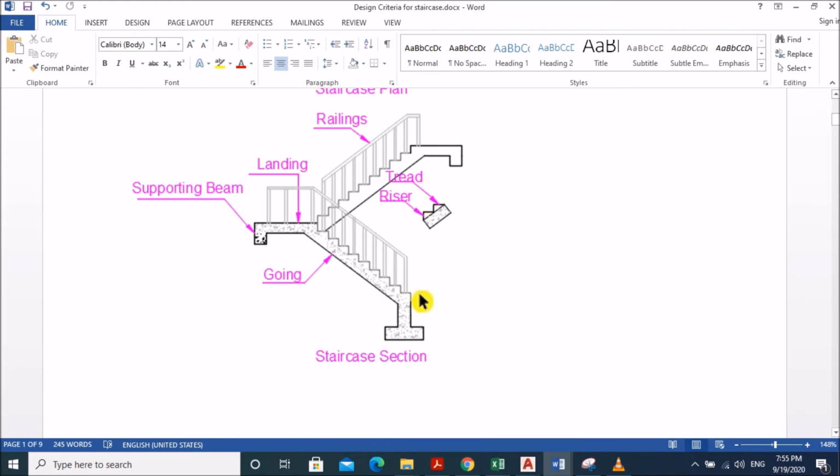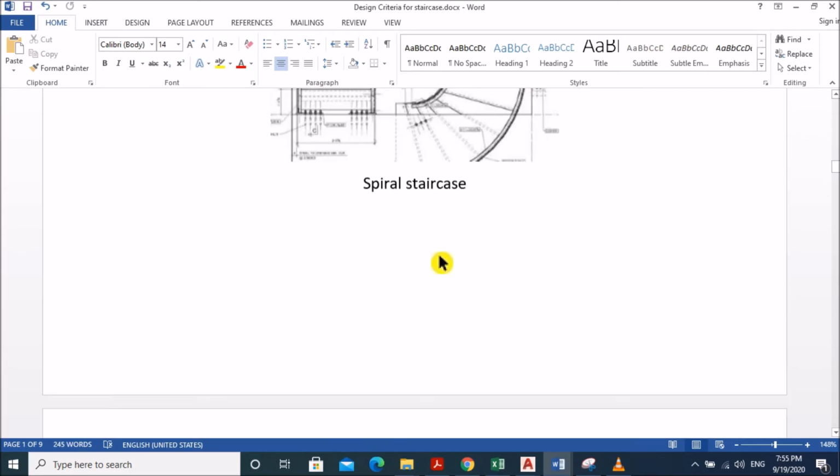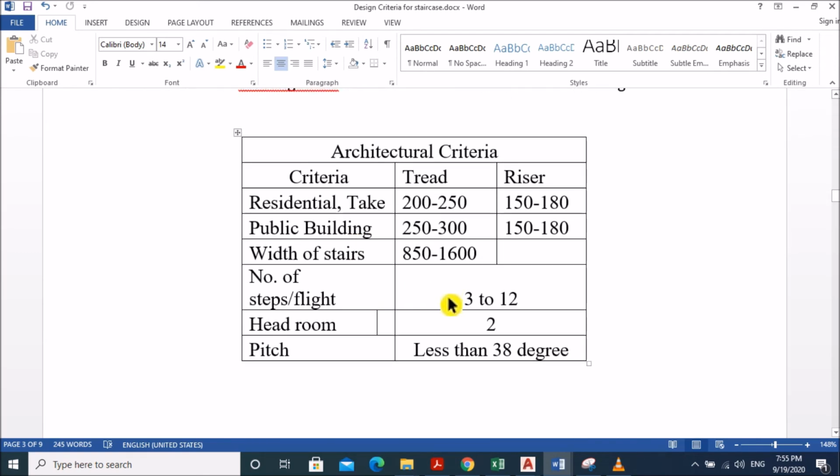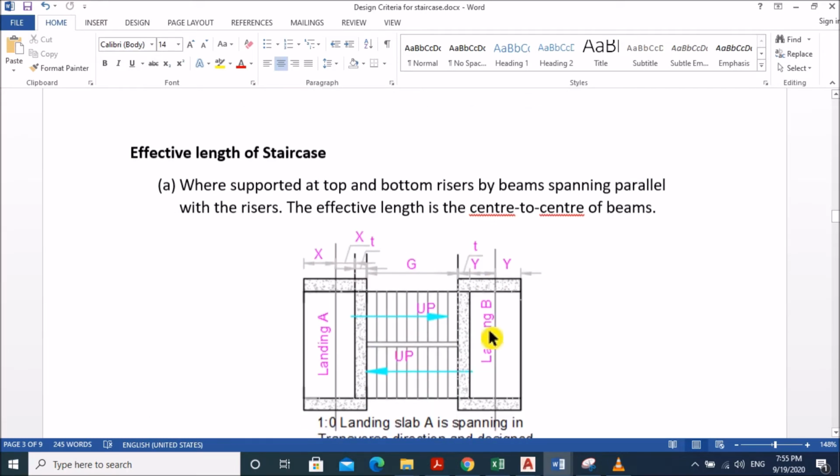This is the clear headroom, which shouldn't be less than 2 meter. Again, pitch. Pitch is the angle of the flight with the horizontal. It shouldn't be greater than 38 degrees, right? Pitch should be less than 38 degrees.